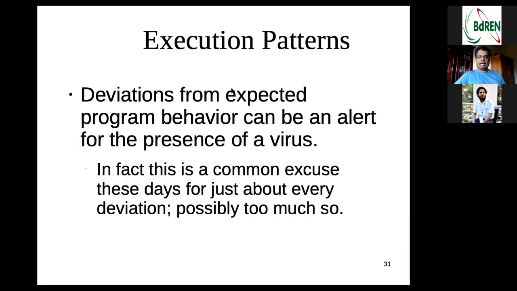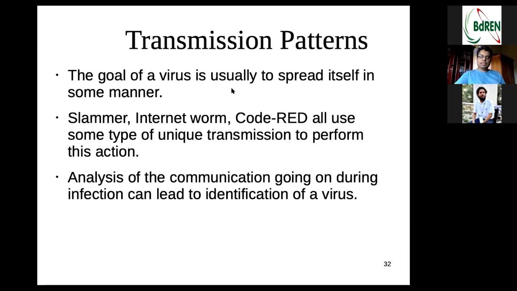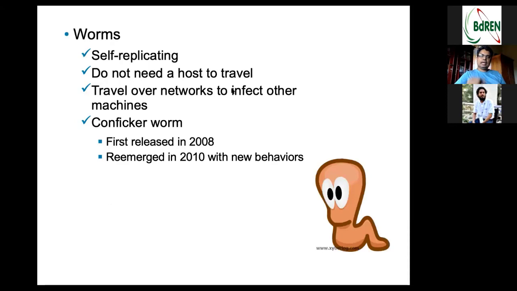Then we move on to the other category of malicious code, which we call worms. Worms are self-replicating malicious code. They don't need host programs. Sometimes viruses also spread without host programs, but most programs which spread without a host we usually call worms.